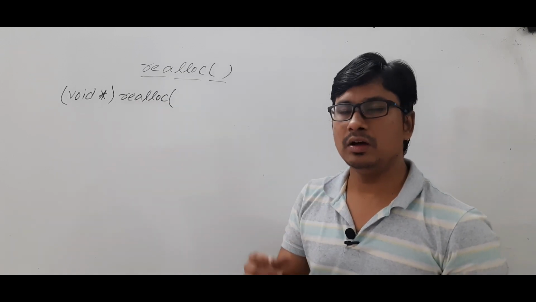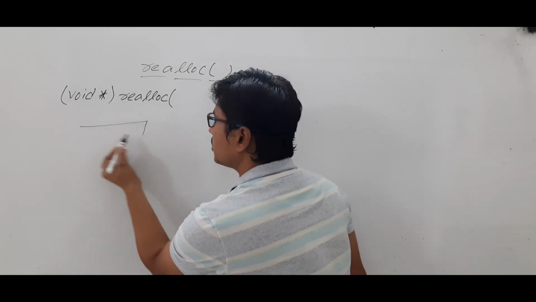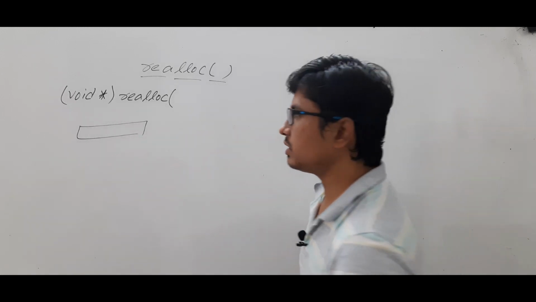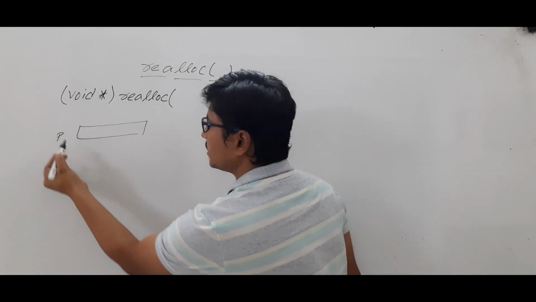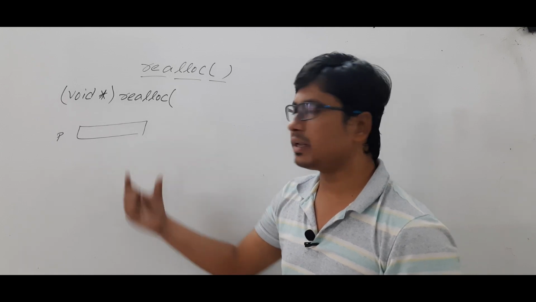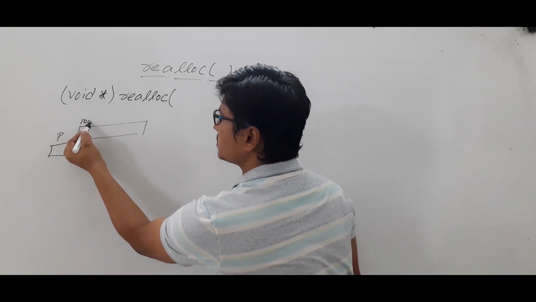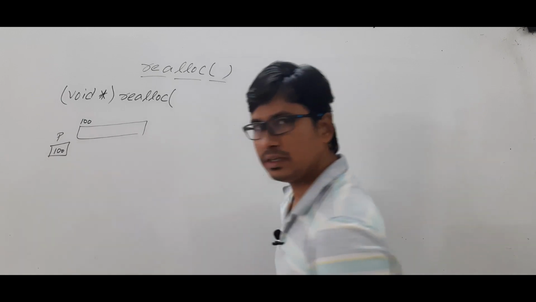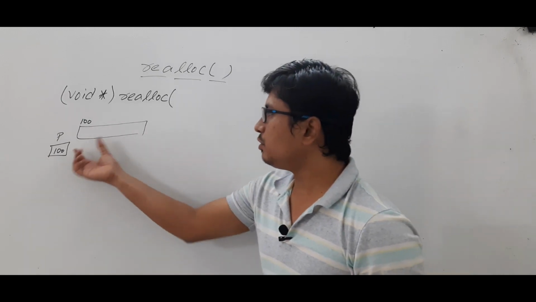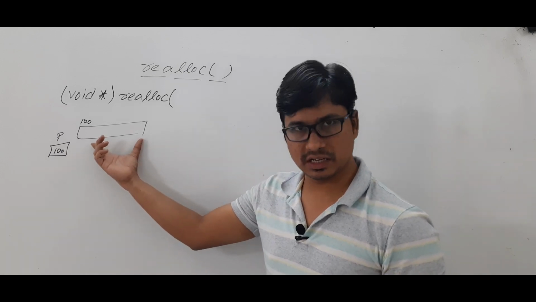Let's take that you have created a memory using Malloc. If the memory is successfully created, you need to store the base address of the memory into the pointer p. Suppose the base address is 100. That base address will be stored in the pointer p. If the memory is not allocated, it will have the value null. Let's take that memory is created.